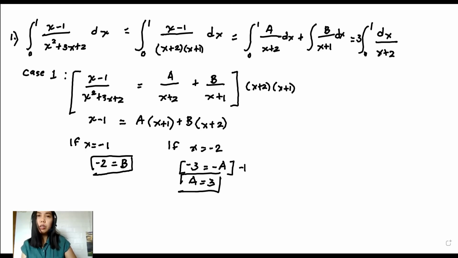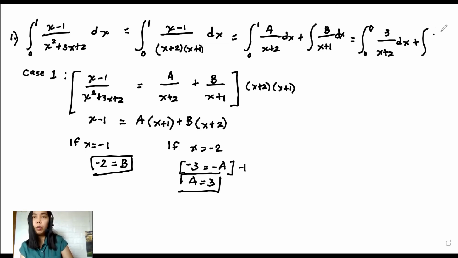So we have the integral of 3 over x plus 2 dx plus the integral of the value of b, negative 2 over x plus 1 dx, from 0 to 1.